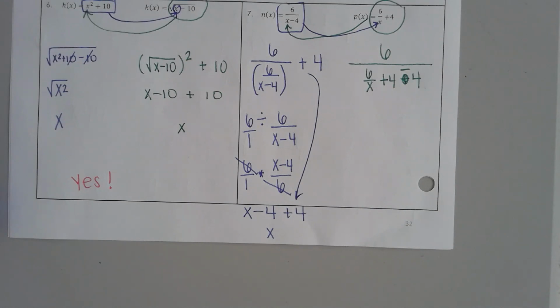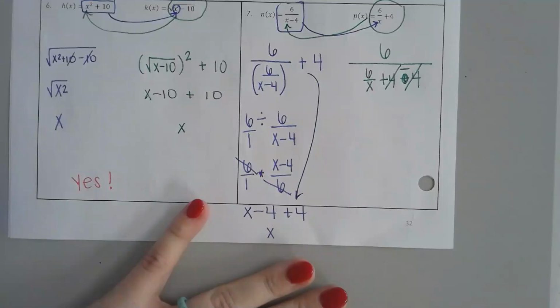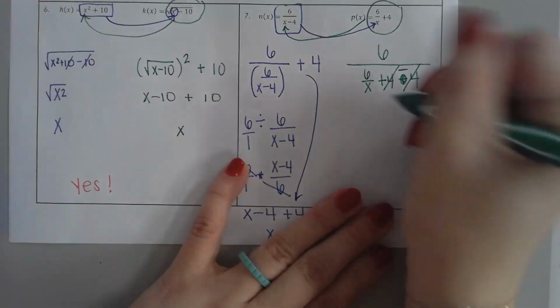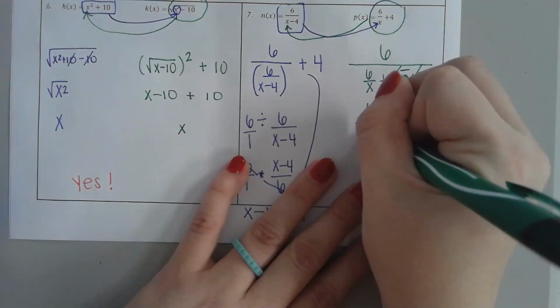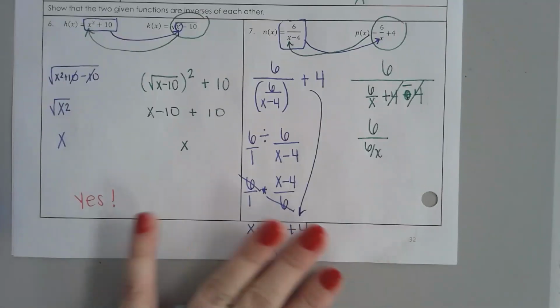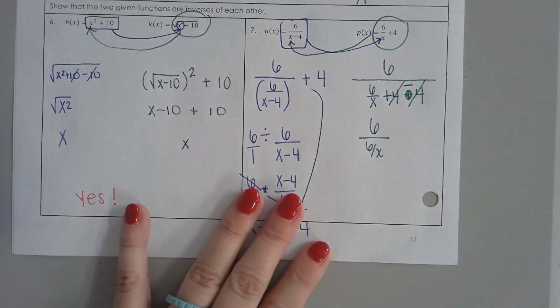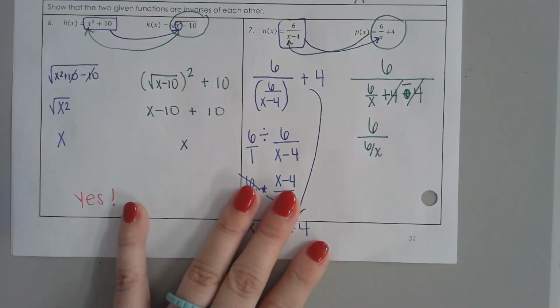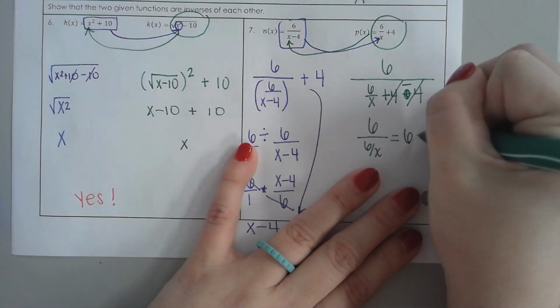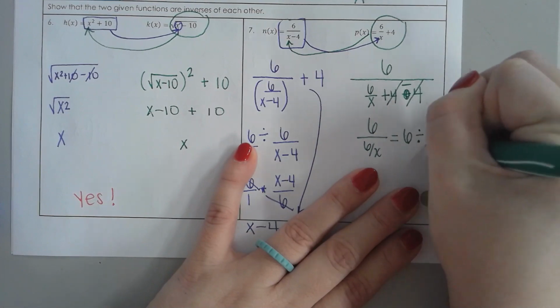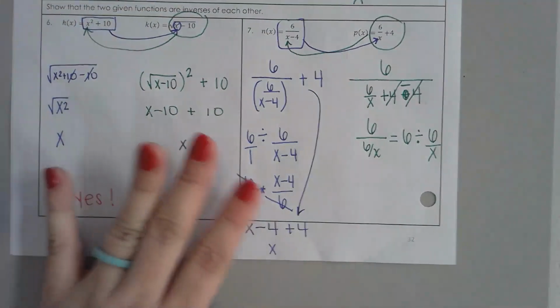What do we notice right away that we could do? The 4's, right? Positive 4 and negative 4. So this is really 6 over x. Which is the same as saying 6 divided by 6 over x.